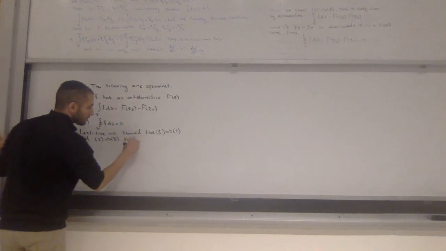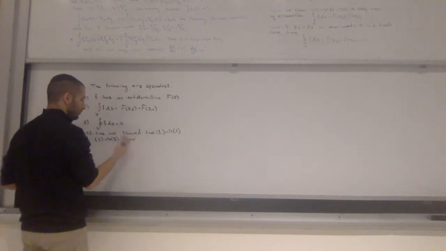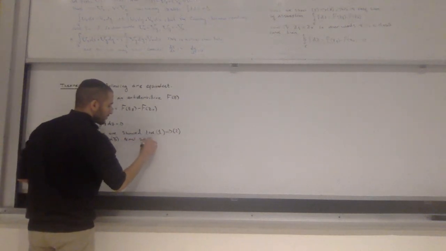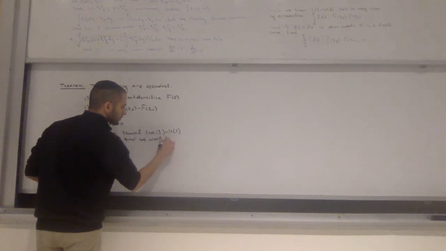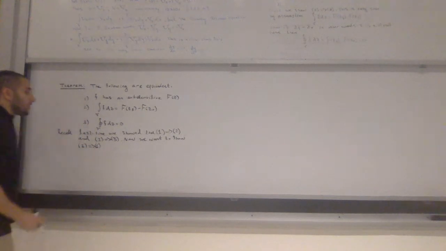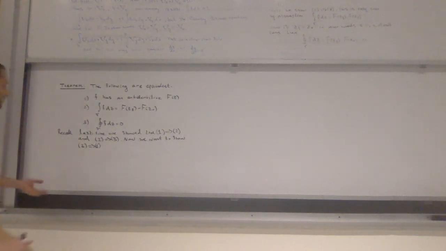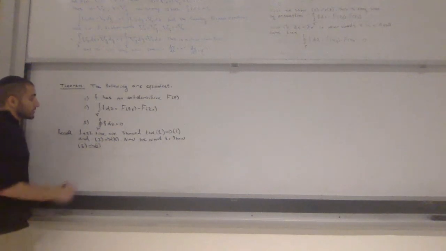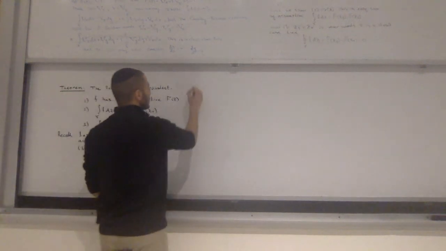Now we want to show that 3 implies 1, and that would make them all equivalent because there is a cycle of implication. All right, so let's do the proof.